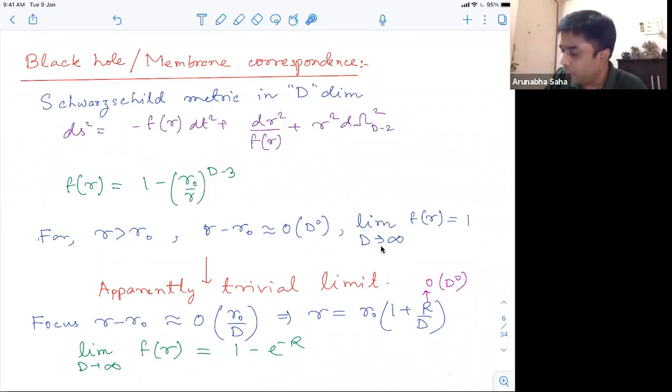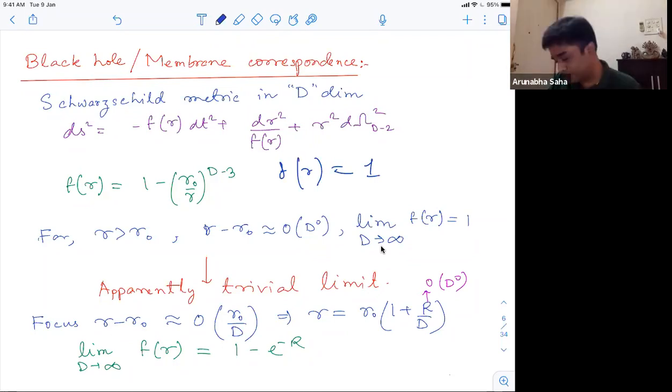Now, suppose you are outside the horizon and you are at distances which are order 1; D to the power naught actually means order 1. And you take the large D limit. Since this number is less than 1 and D goes to infinity, this will drop out. And it seems that you have landed up with f of r equal to 1. Now, this looks like just outside the black hole, we are in flat space.